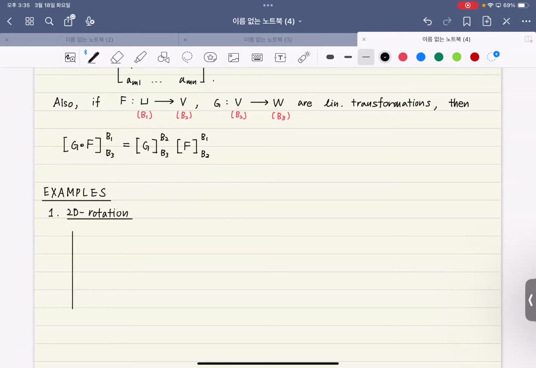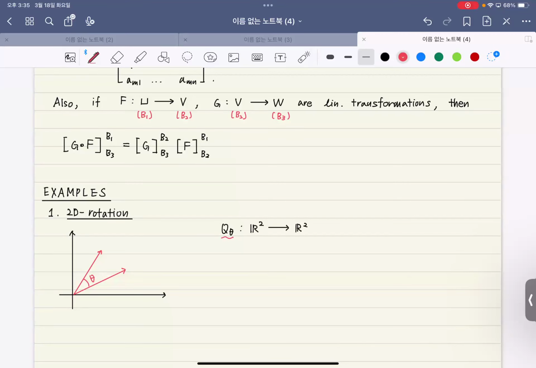You know what I mean by rotation. I have a two-dimensional plane and I have one vector. Suppose that I rotate this vector in the counterclockwise direction by theta radians. I will call this Q theta. This is a linear transformation from the plane to the plane.